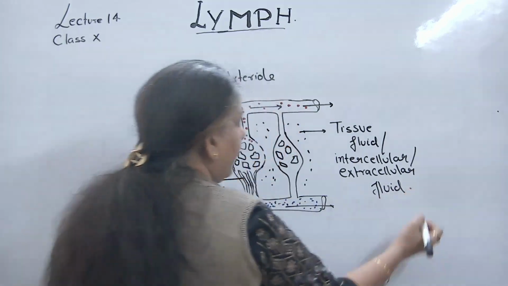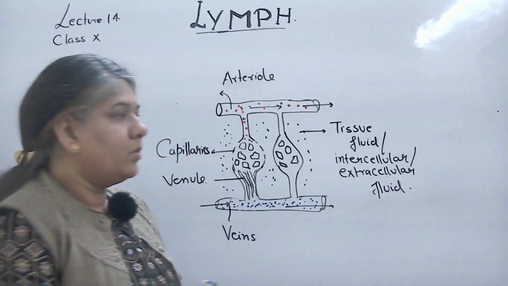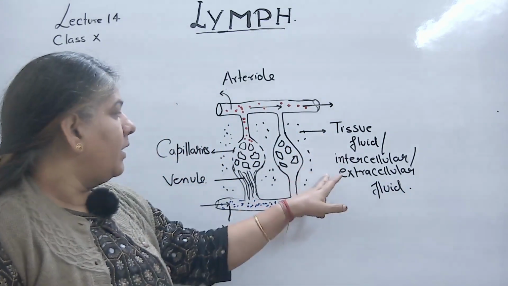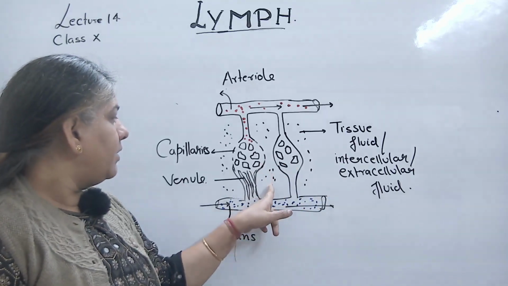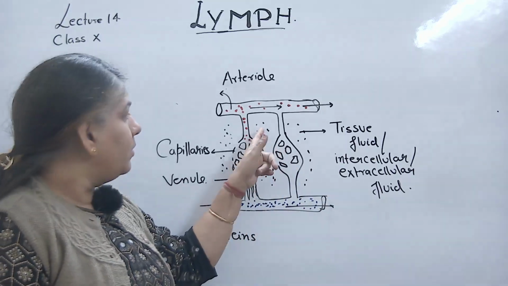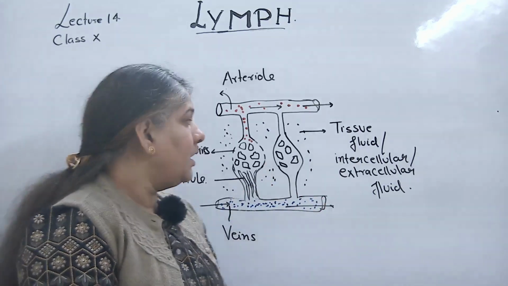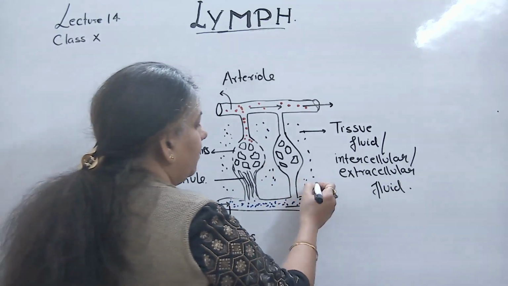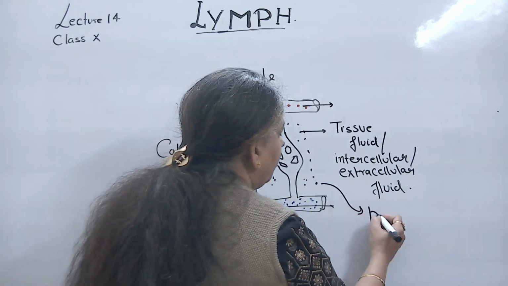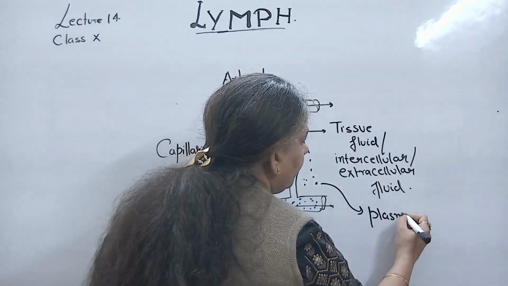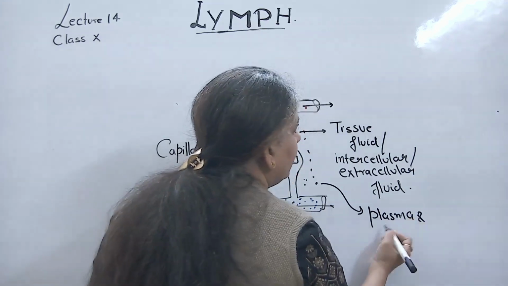You will get different names in different books. So all the three names suggest that this fluid is the one which has squeezed out from the walls of capillary, and basically this fluid contains plasma and WBCs.